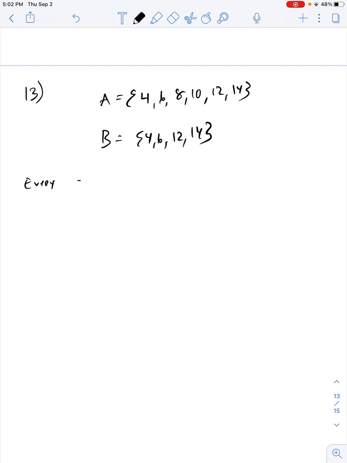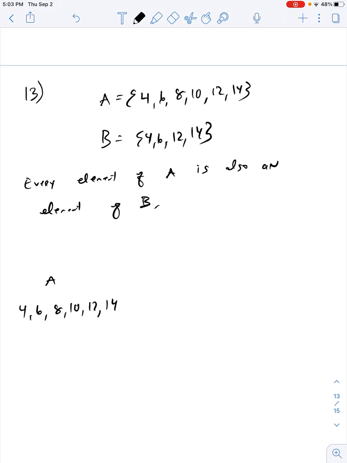Now, what if we say that every element of A is also an element of B? All right, so now we're going to look at everything in A. Are all of these in B?